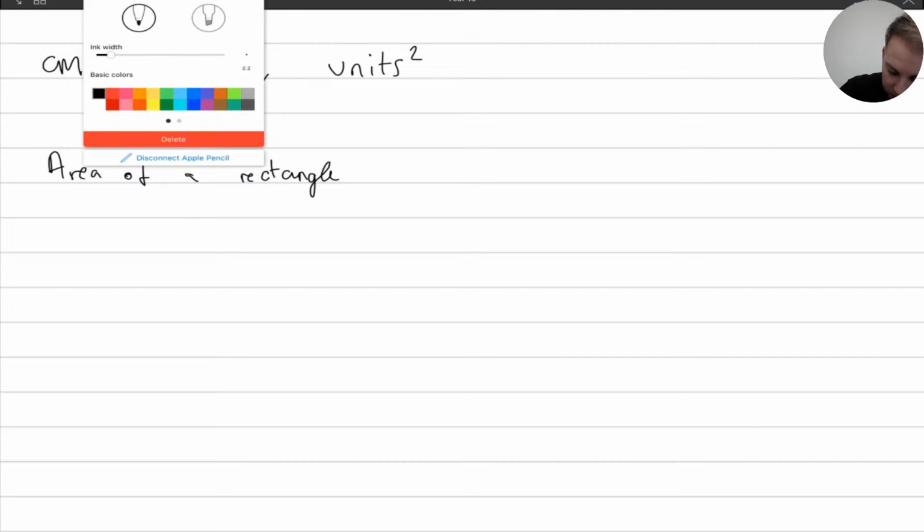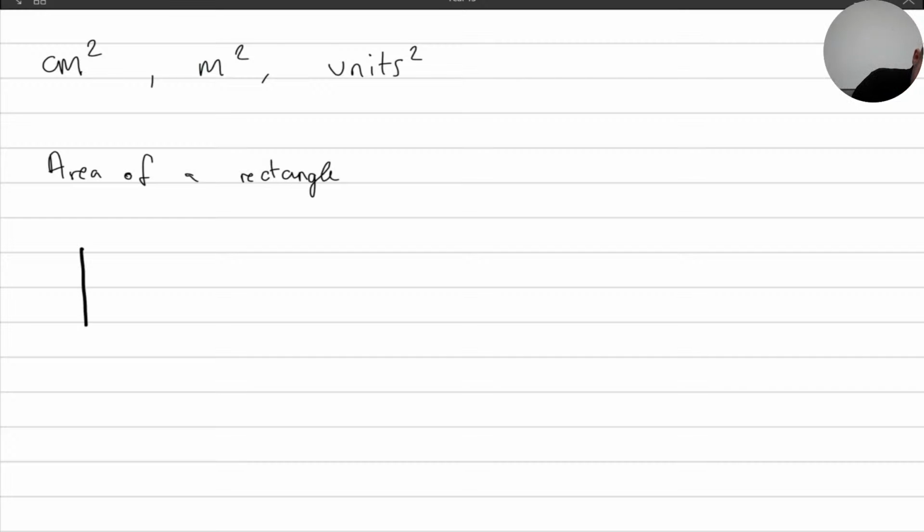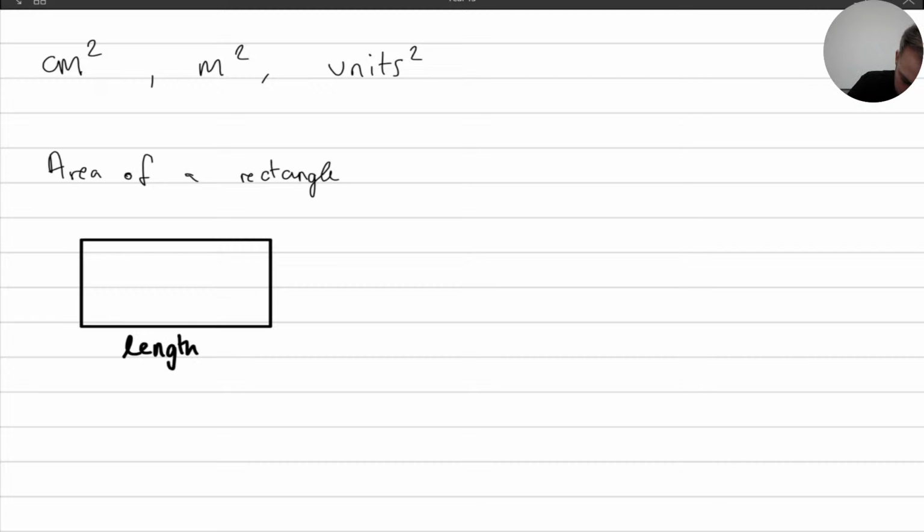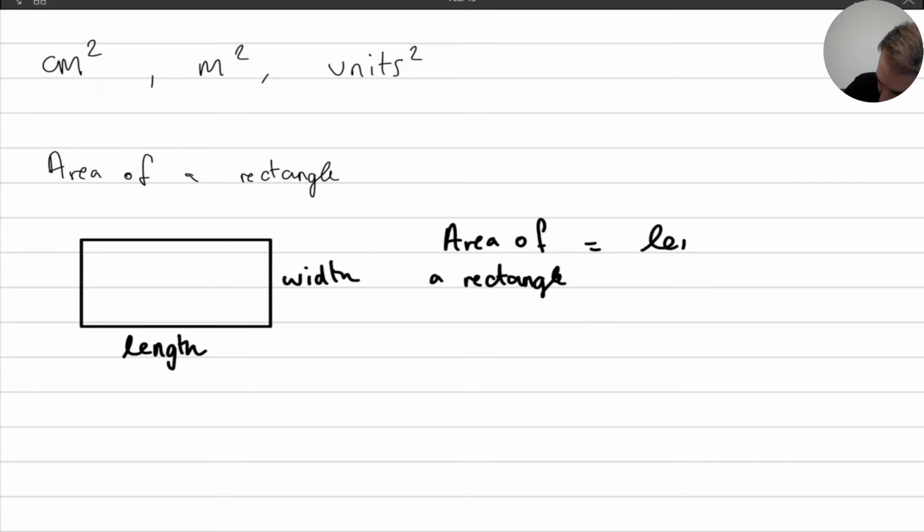We should know what the area of a rectangle is. So there's a rectangle. We know that it's going to be length down here, and width over here. And the area of a rectangle is equal to length times by width.